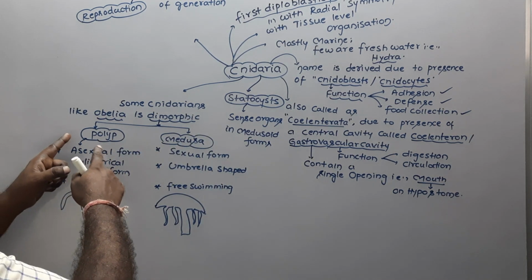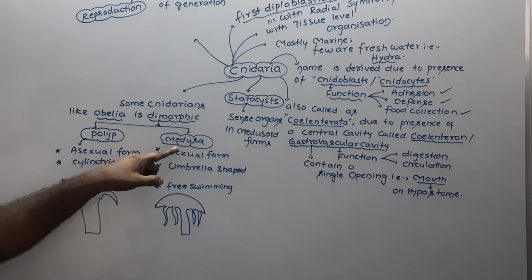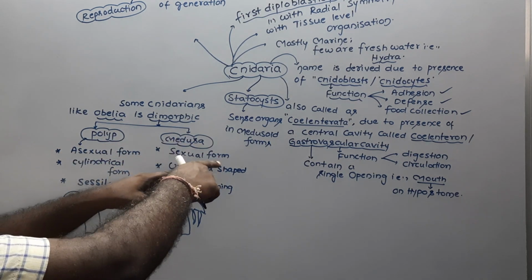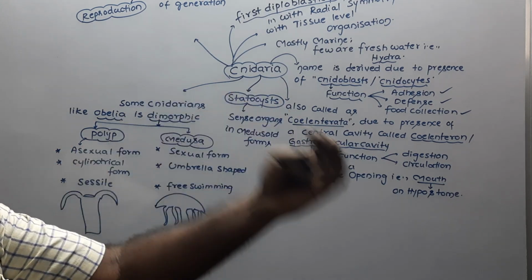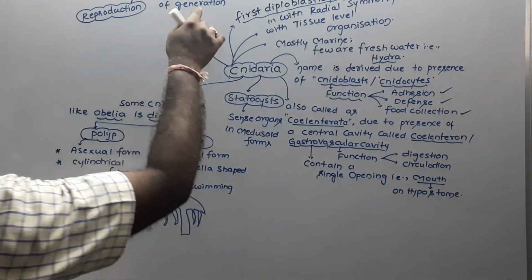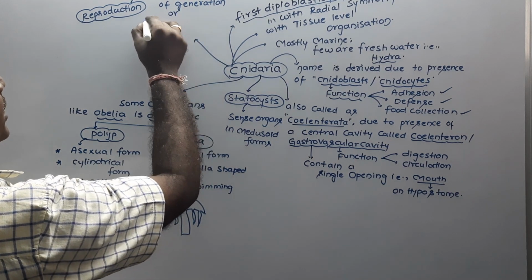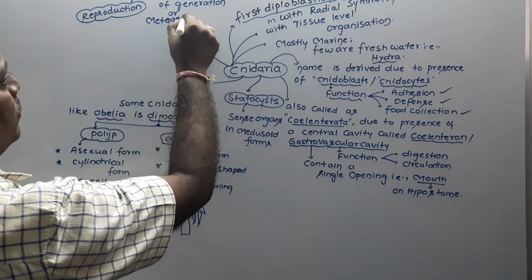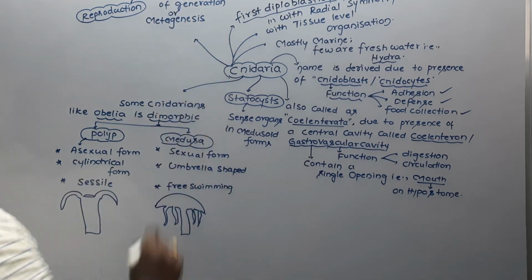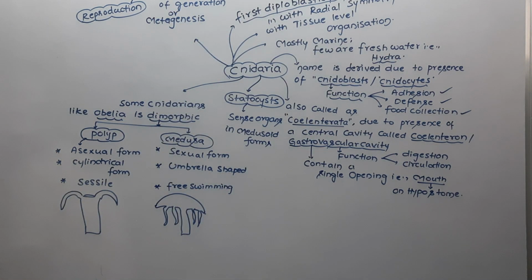This stage undergoes asexual reproduction, giving this stage. This stage undergoes sexual reproduction, giving this stage. Means once asexual, that is followed by sexual. That type of reproduction is called alternation of generation, and that type of stages is called metagenesis. What do you call it? Metagenesis. That's one of the important points.